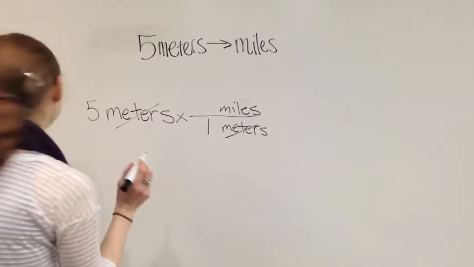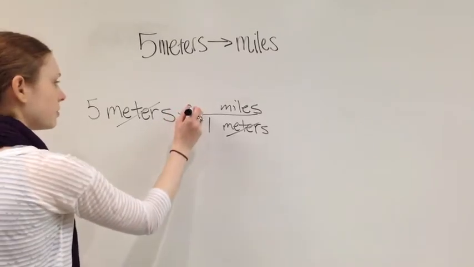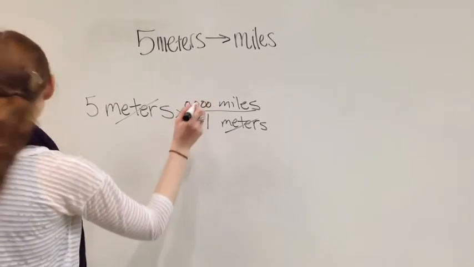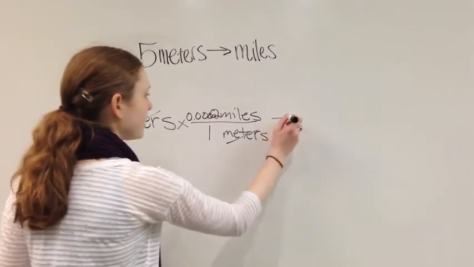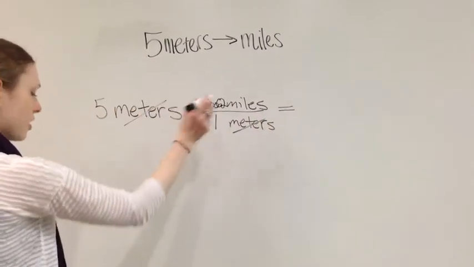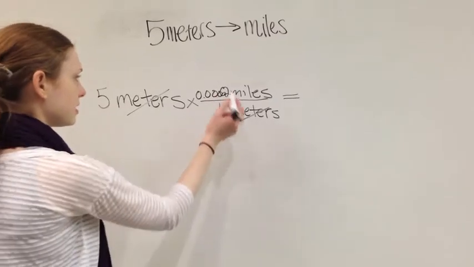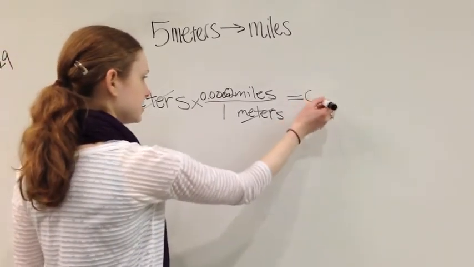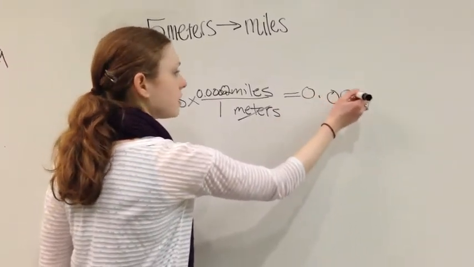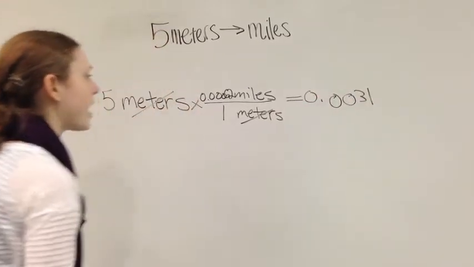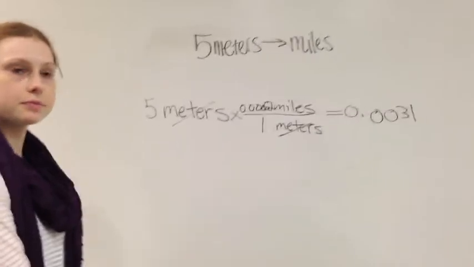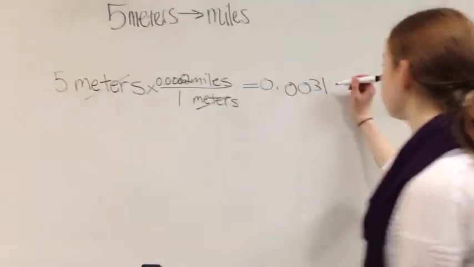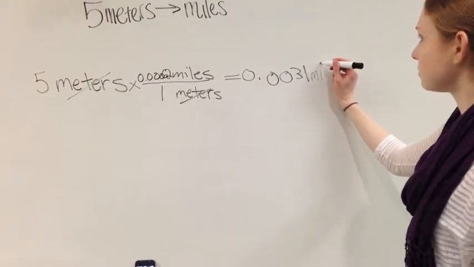And the amount of miles in 1 meter is 0.00062. And now for our final answer, we're multiplying across, so 5 times this amount of miles is 0.0031, and that is the amount of miles in 5 meters. So this many miles.